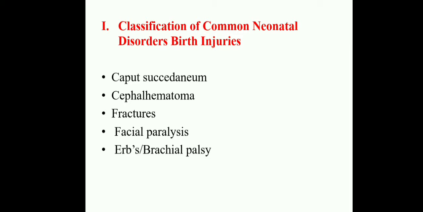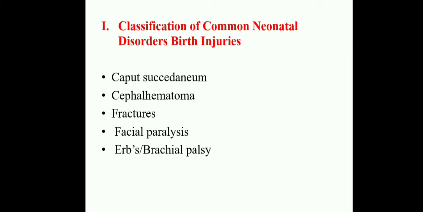Classification of common neonatal disorders. About birth injuries, the first classification: what conditions come under birth injuries? They occur because of improper handling of the baby during labor and delivery, and also because of short decisions or delayed decisions, which may cause the baby to suffer some birth injuries.